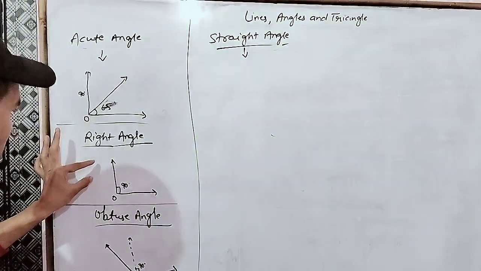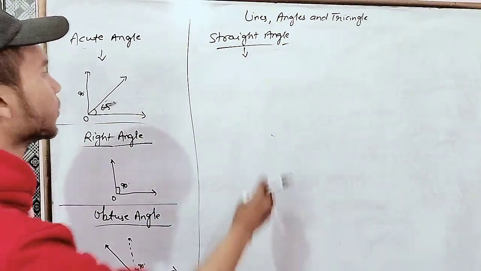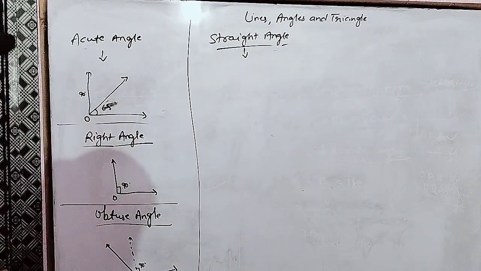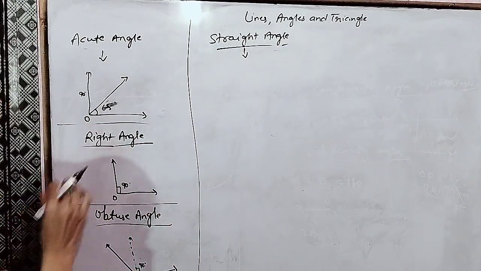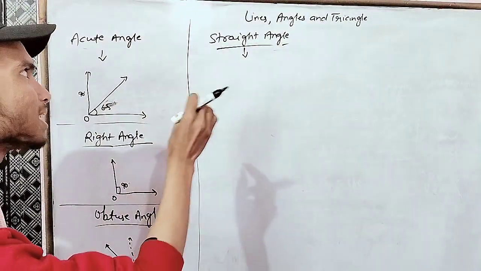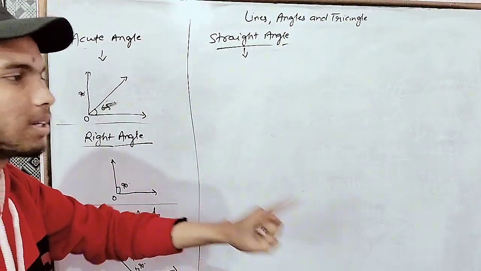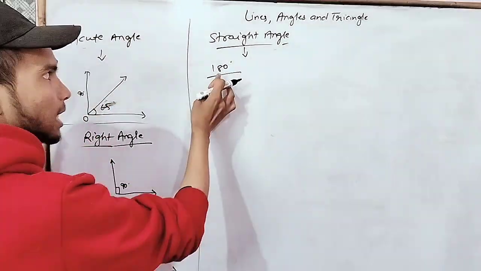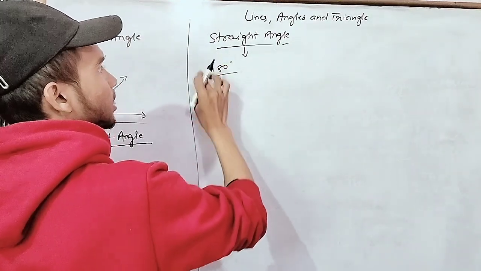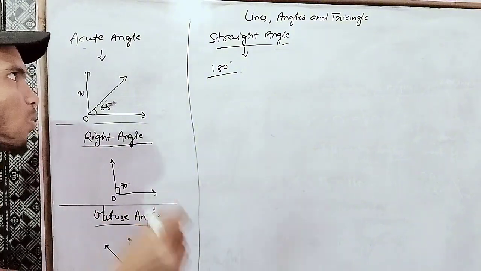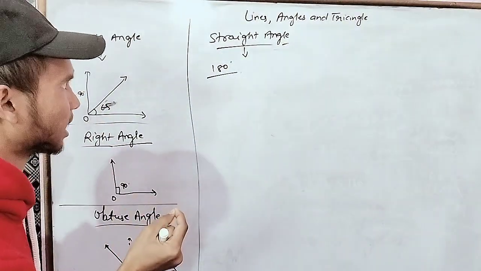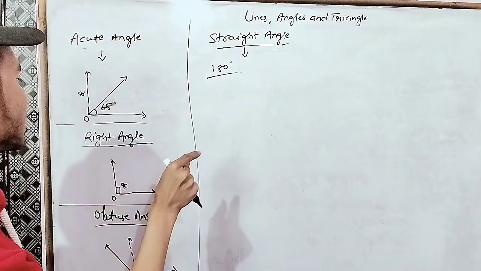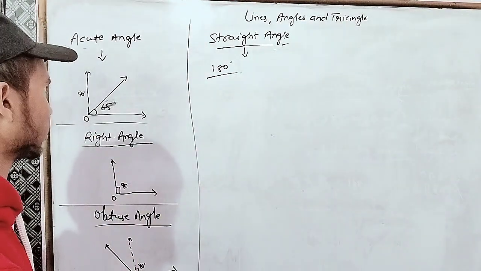As we understood about right angle, similarly here we understand straight angle with the help of right angle. The name of the value 180 degree is only straight angle, just as the name of 90 degree is only right angle.